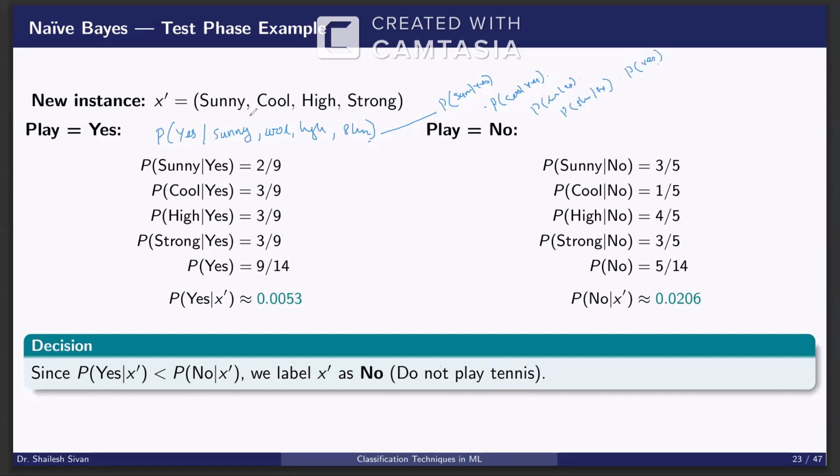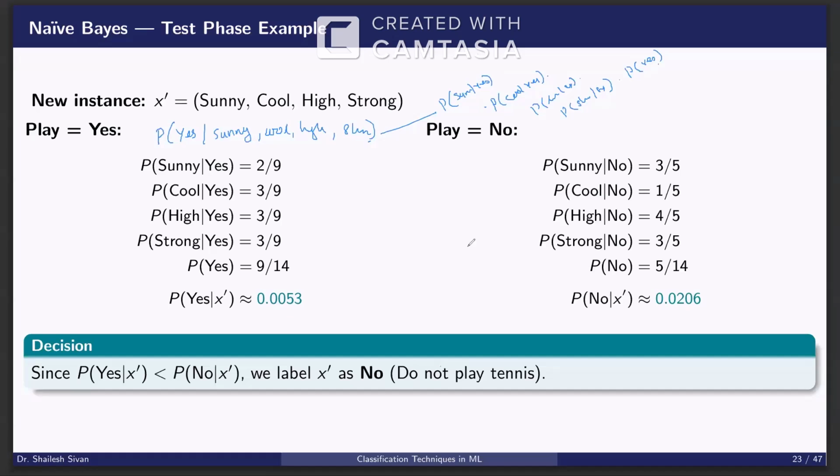So sunny given yes, cool given yes, high given yes, strong given yes are 2 by 9, 3 by 9, 3 by 9, 3 by 9, and play yes is 9 by 14. On multiplying all these, we get 0.0053.